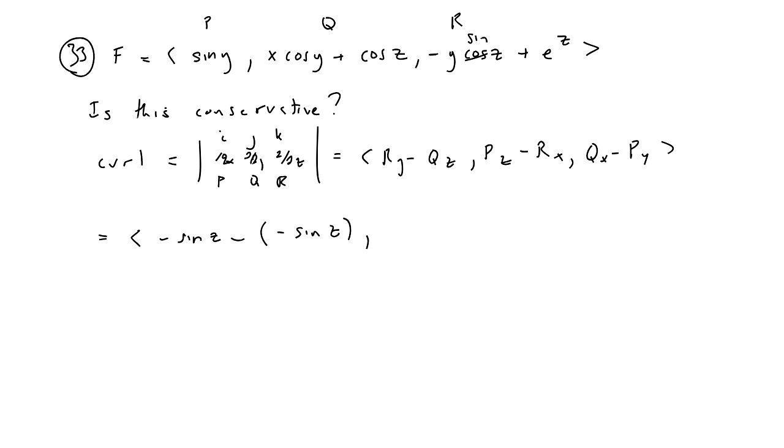The derivative of P with respect to z is 0. The derivative of R with respect to x is 0. The derivative of Q with respect to x is cosine of y. And the derivative of P with respect to y is also cosine of y. Therefore, everything cancels. It's the 0 vector, 0, 0, 0. Therefore, it is conservative.